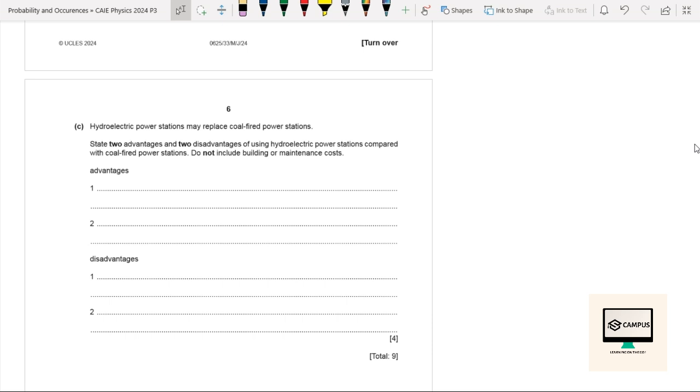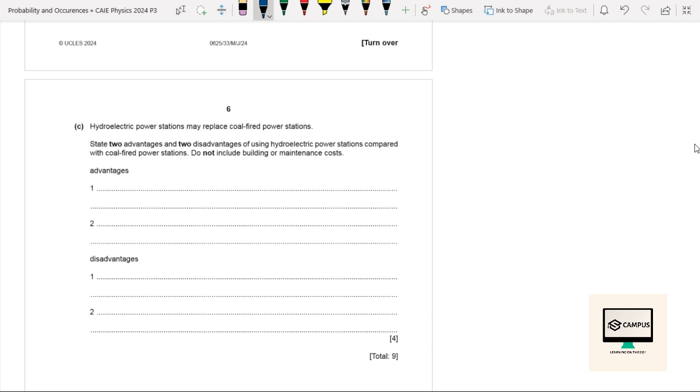Let's start with advantages. One of the very big advantages is that hydroelectric power stations are currently hailed worldwide, and we hear of sanctions, we hear of reducing the carbon footprint. Coal-fired power plants have a very big carbon footprint.